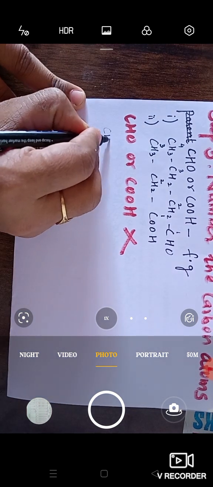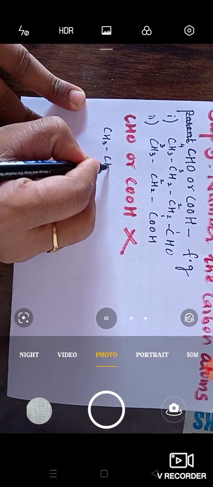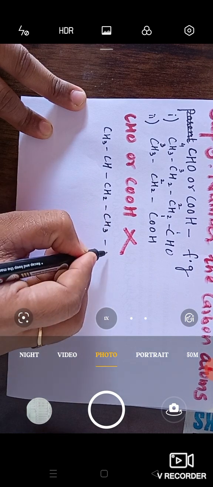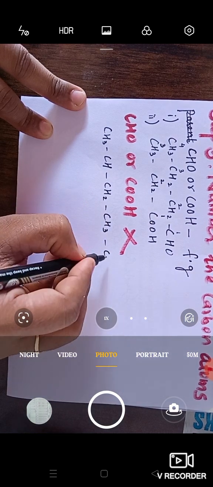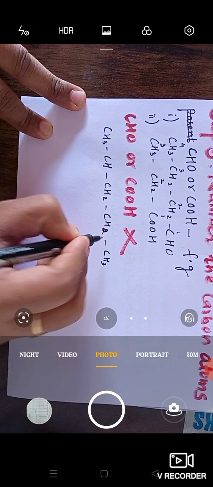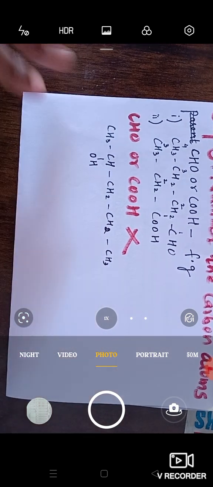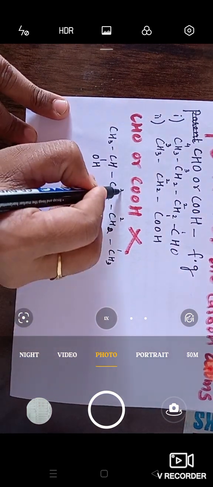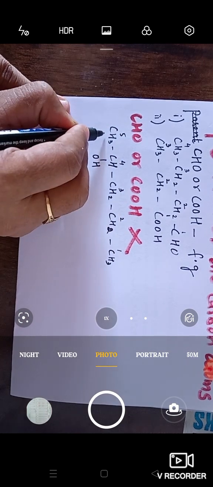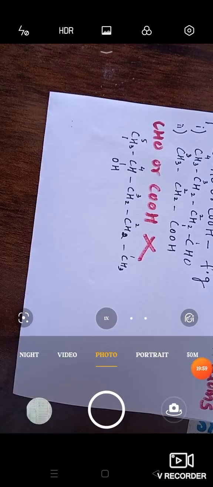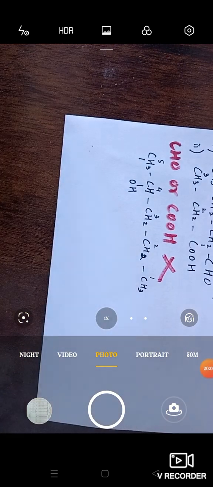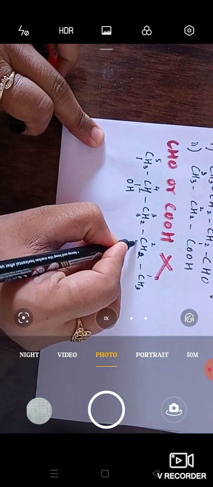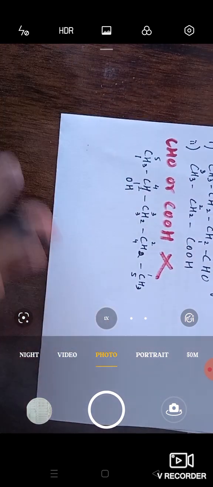Let's see the example. If suppose there is CH3, CH, CH2, CH3, CH3, OH. So we have 2 options. We can start numbering from here: 1, 2, 3, 4, 5, or we can start numbering from here: 1, then this will be given as 2, 3, 4, 5.